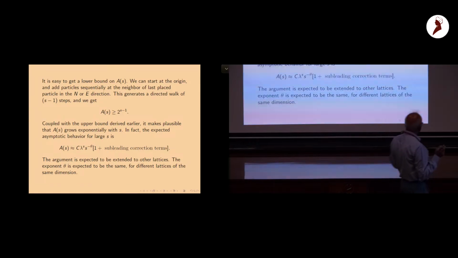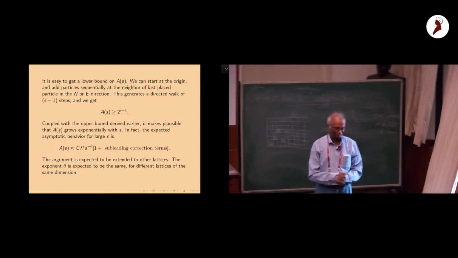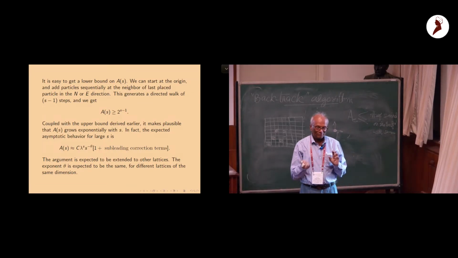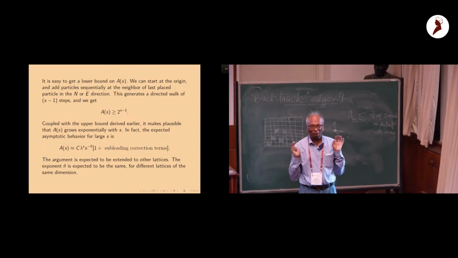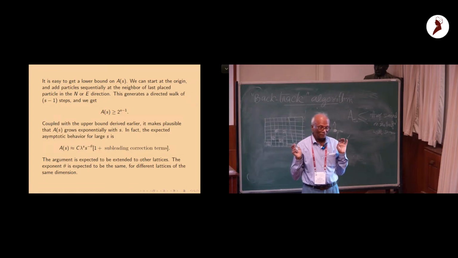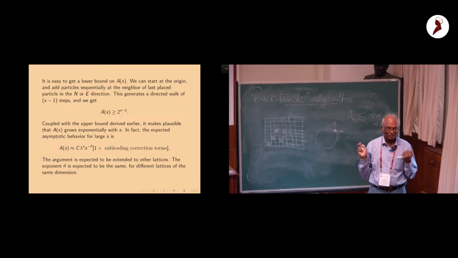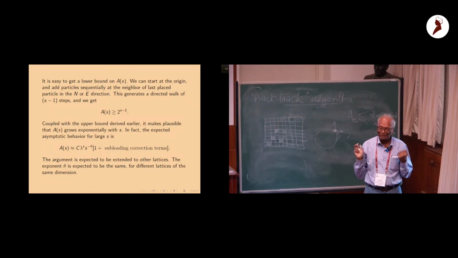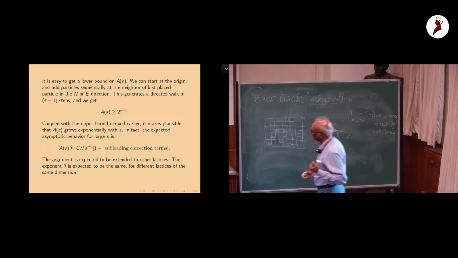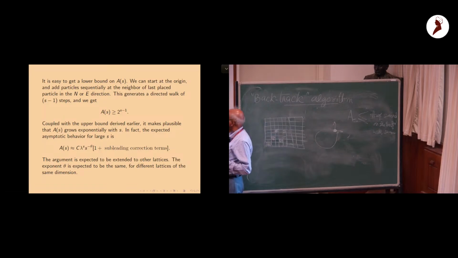The log of AS will grow linearly with S. What is the leading correction term? The leading correction term could be a sublinear power of S. Turns out that usually in most of the problems we have studied, it is only log S. The leading correction is log S, so that the animal numbers actually grow like lambda to the power S into S to the power something.